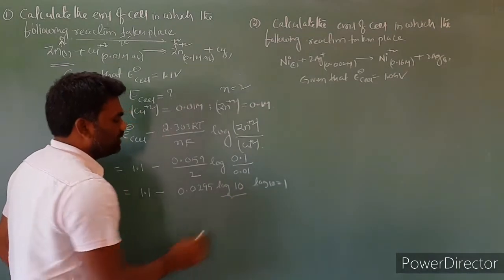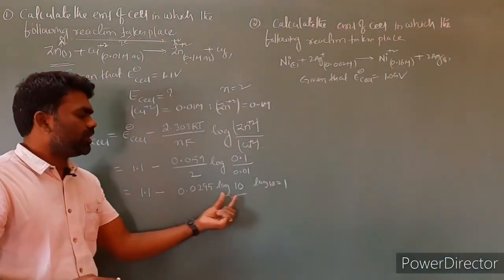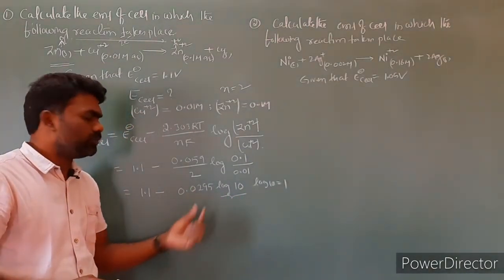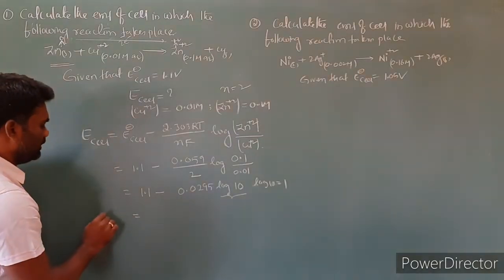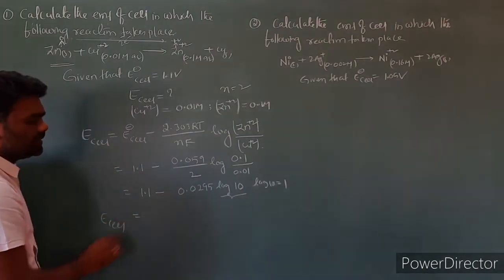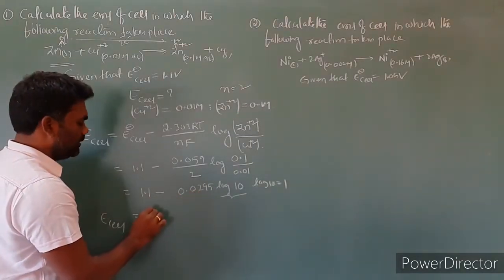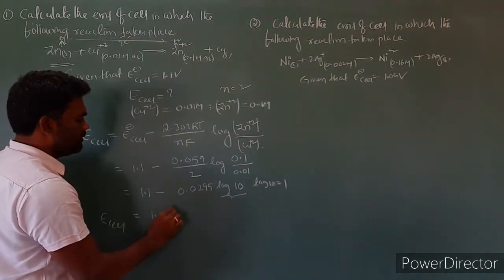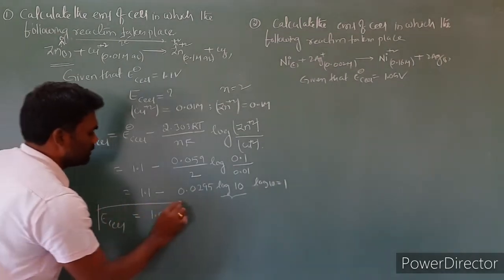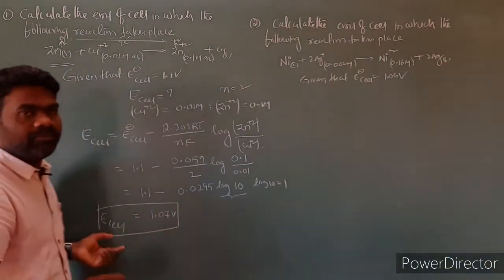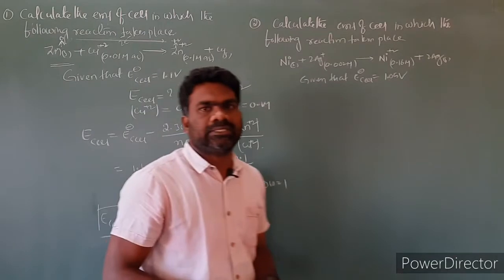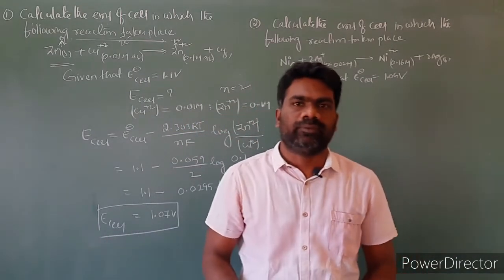So this value is 1. 0.0295 into 1, the remaining value is 0.0295. Upon simplification, E cell is equal to 1.1 minus 0.0295, and we finally get 1.07 V. This is the EMF of this cell. This is problem number 1.